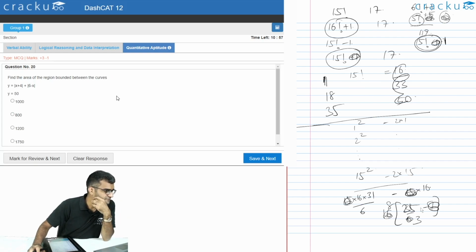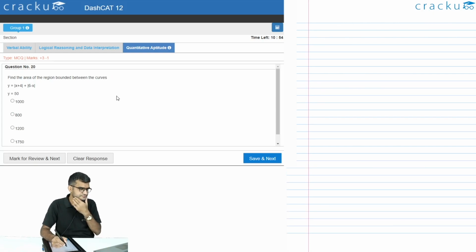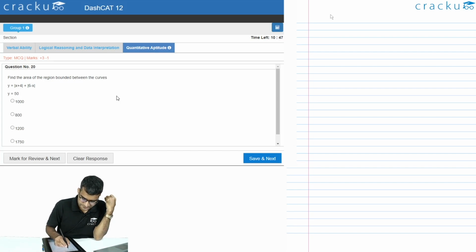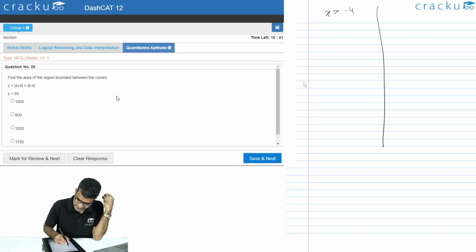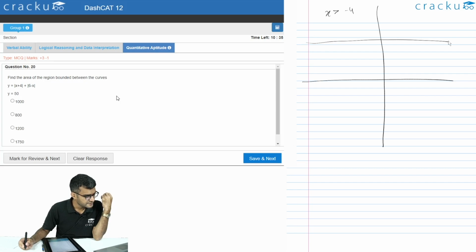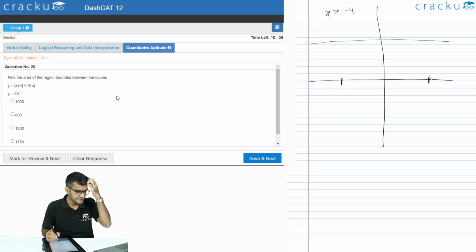Area bounded by the curves. This can be solved. Okay, if x is greater than... so this is the x, not y-axis. Y is 50 will be somewhere like this. This is y is equal to 50. Now, if x is less than -4, and if x is greater than 6, over here I think it will be constant.